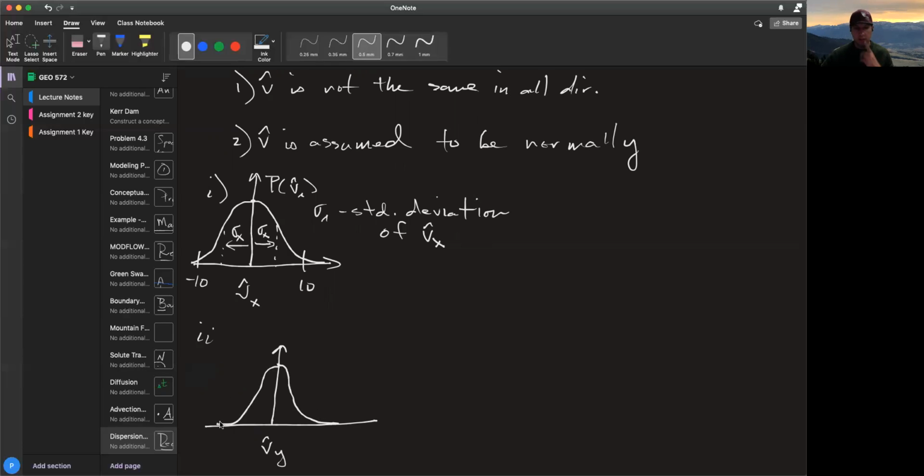Well, let's just say that in this case, it's less variable, so that, let me put my relative numbers here, 10. You see that our standard deviation is tighter. And the probability of having this random fluctuation be, say, positive 10 versus negative 10 is much lower for y, right? And similarly in z, we might have just another distribution.